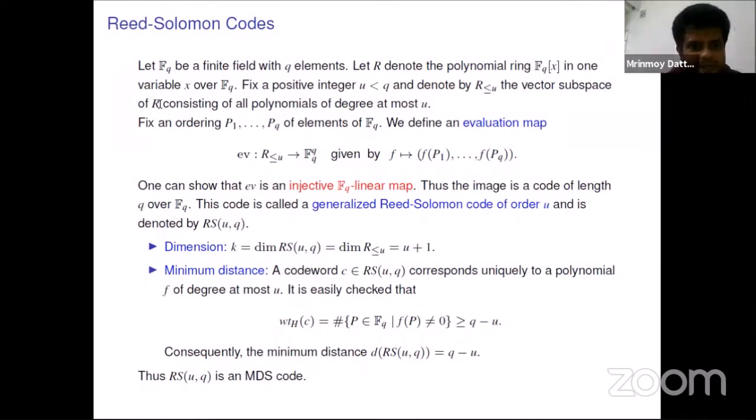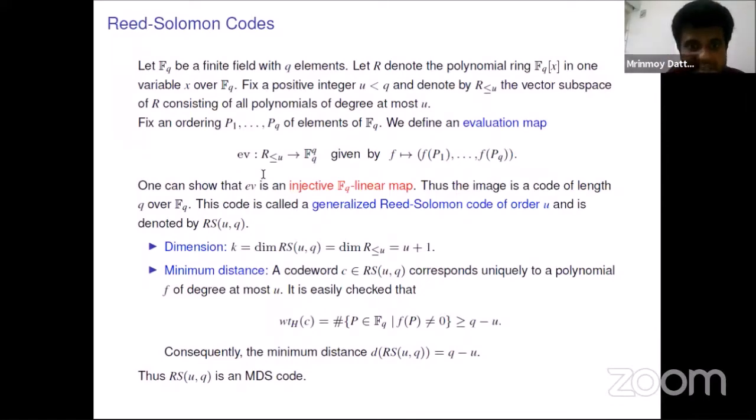So keeping this in mind, we fix an ordering of the q elements in F_q and we call them P_1, P_2, ..., P_q. And now we define an evaluation map from R_{≤u} to F_q to the power q, which is given by the following. I take a polynomial f, and I send it to the string f(P_1), f(P_2), ..., f(P_q).